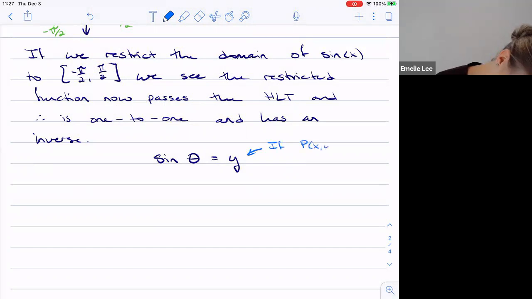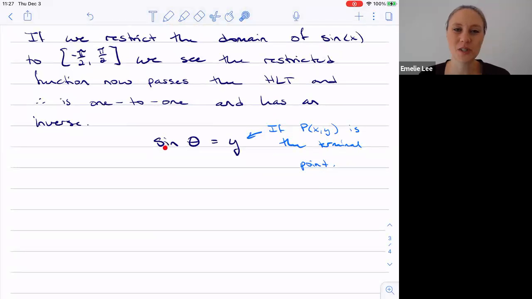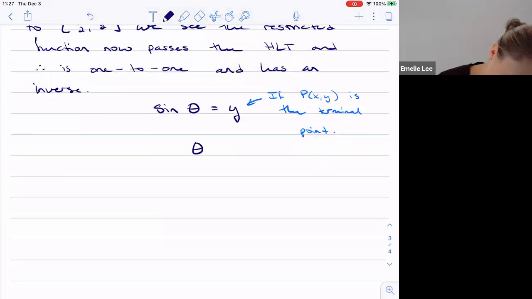If P(x, y) is the terminal point, then the inverse is hard to find, but it's just its own function. Then we say that theta is going to be the sine inverse of y.